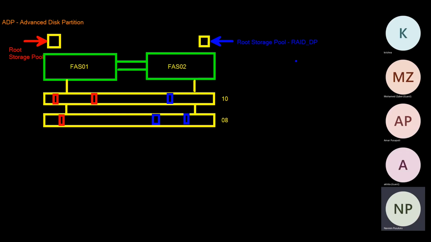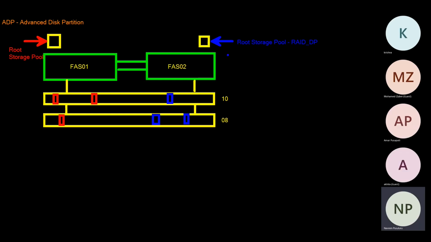You may ask me a question: in order to create a pool with RAID-DP, we need a minimum of 5 disks, right? Normally that is what I told you when we were discussing RAID types. But only this root storage pool is exceptional. Only the root storage pool can be created with only 3 drives, and it can be applied with RAID-DP protection.